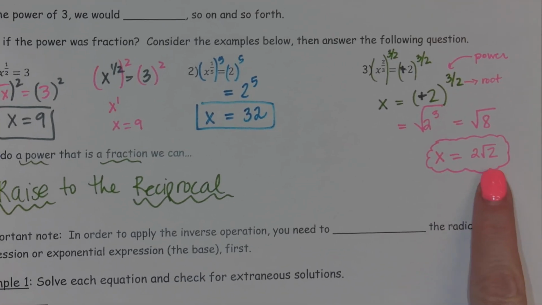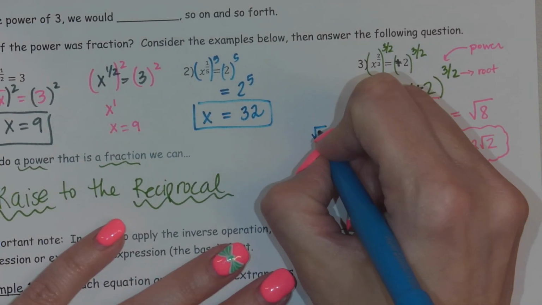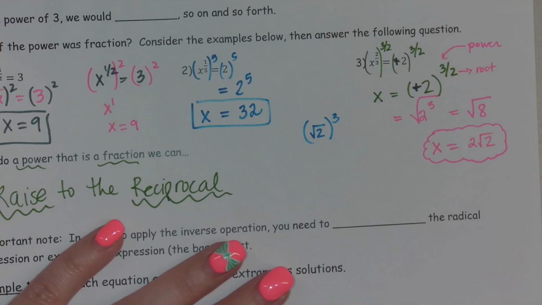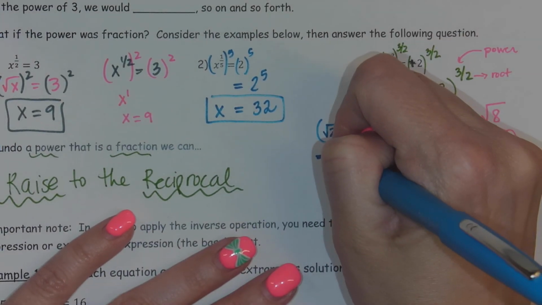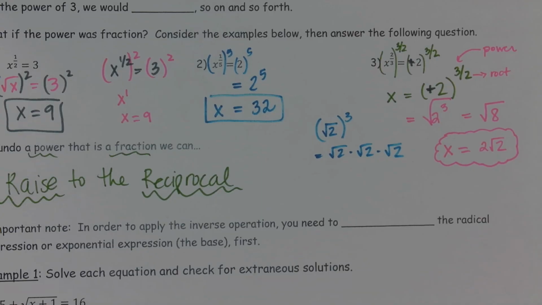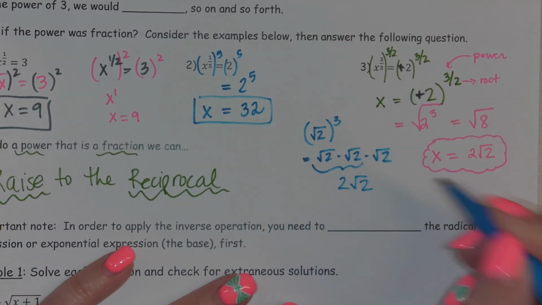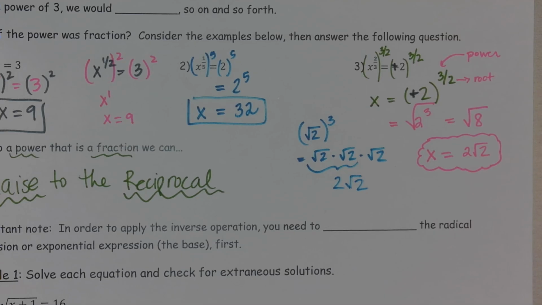You could still get here if some of you were thinking this, the way that you would simplify that is √2 times √2 times √2. And what's √2 times √2? 2, so it's 2√2. Okay, so either way you do have to simplify it to that 2√2.